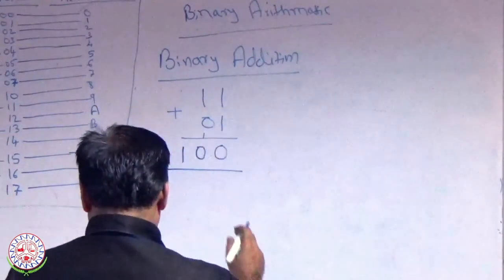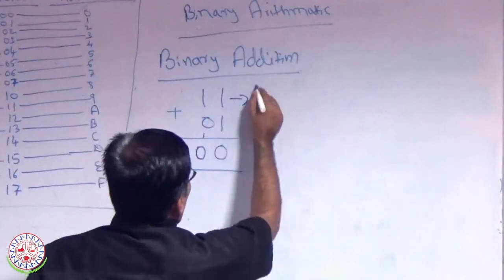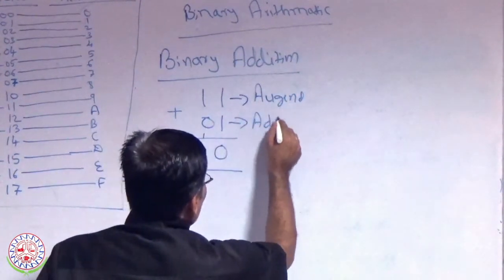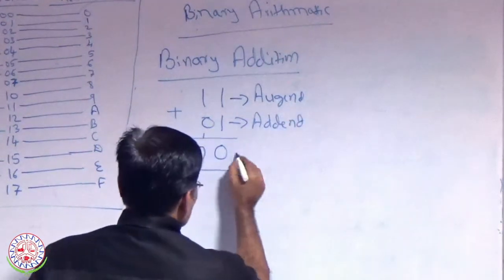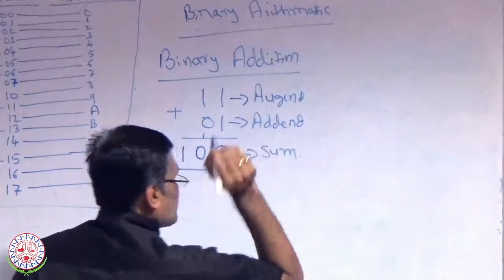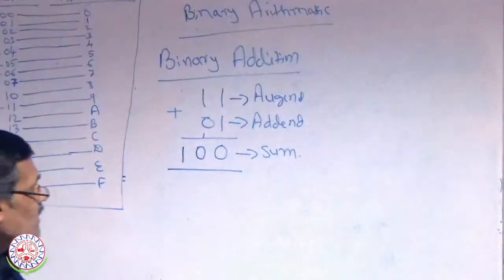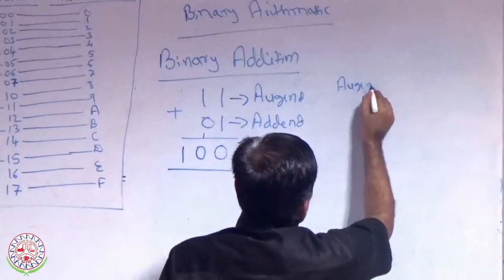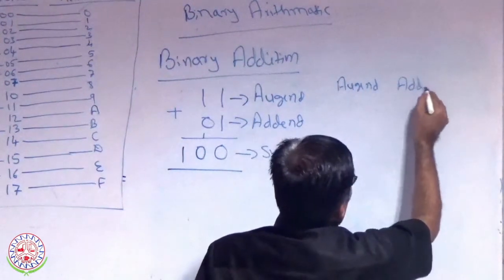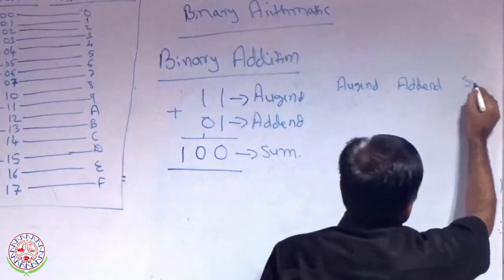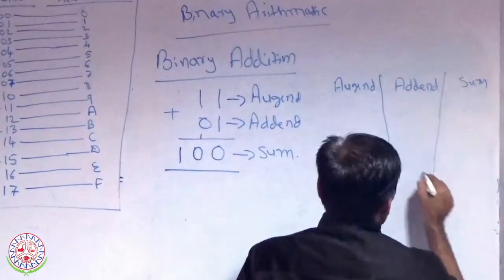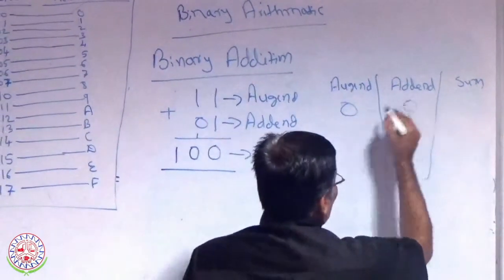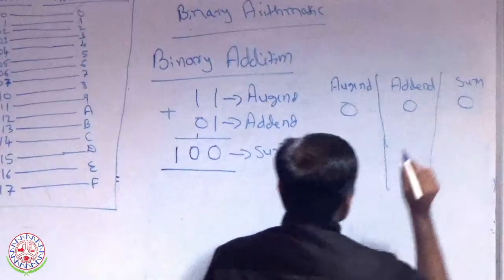In this case, this is known as the AUGEND, this is the ADDEND, and this is our sum in the arithmetic process. Let us define a rule now. AUGEND, ADDEND, sum. If AUGEND and ADDEND are both 0, the sum is 0.